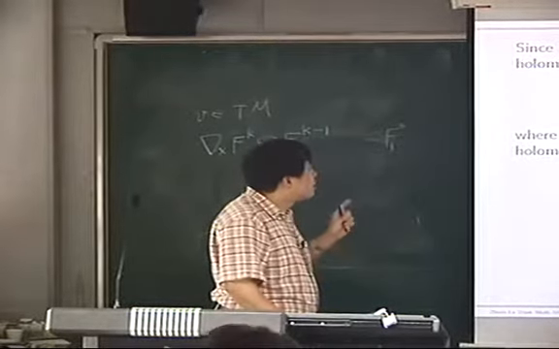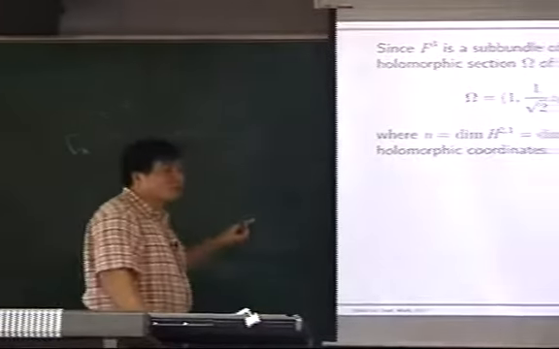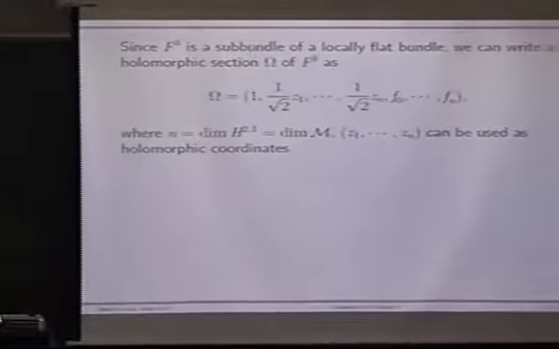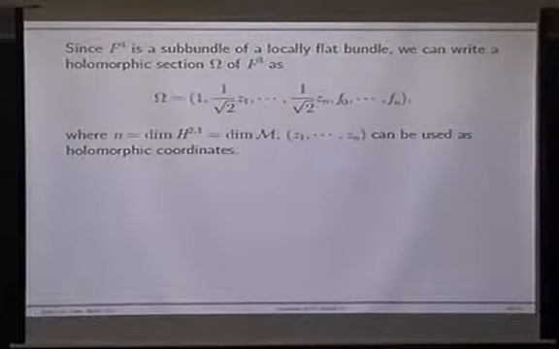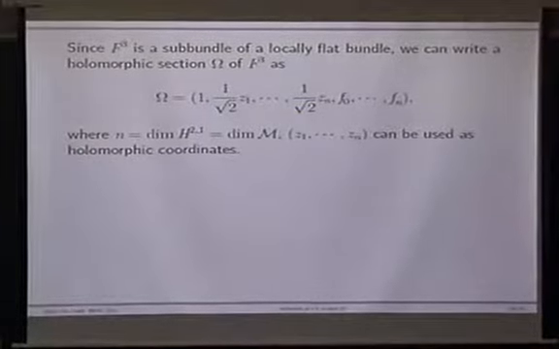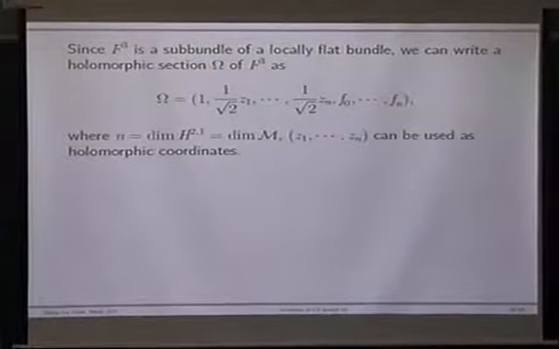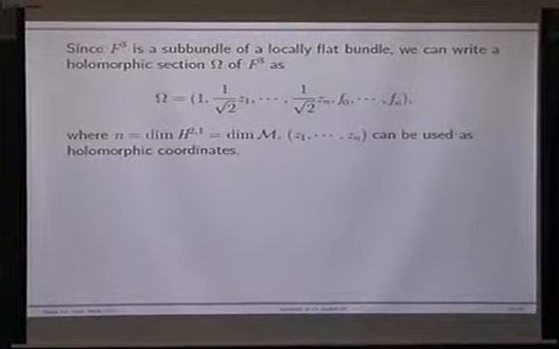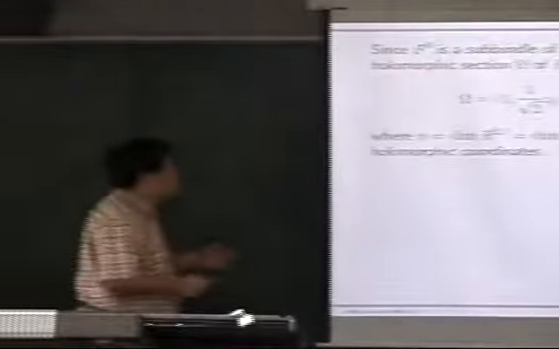Okay, the next one only works for Calabi-Yau threefolds. It's a very beautiful characterization of the manifold. This was done by Bryant and Griffiths. So let's assume that we are working on a Calabi-Yau threefold, and F3 is a line bundle, which is a subbundle of F0, which is a locally flat bundle.